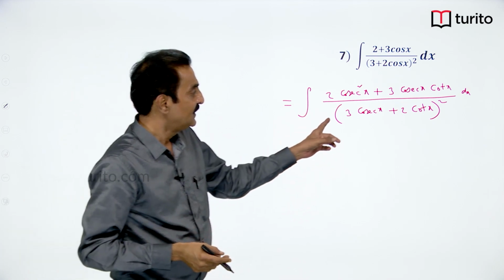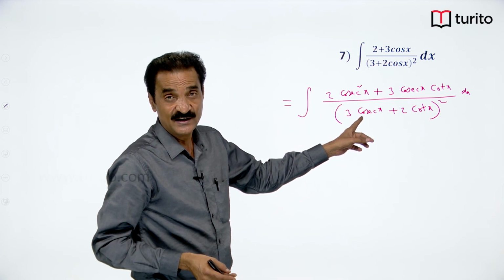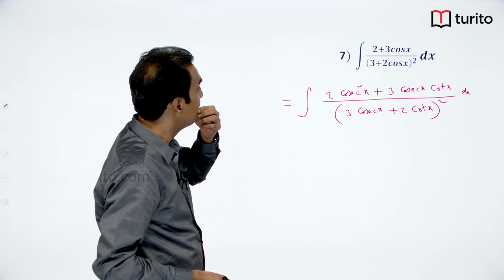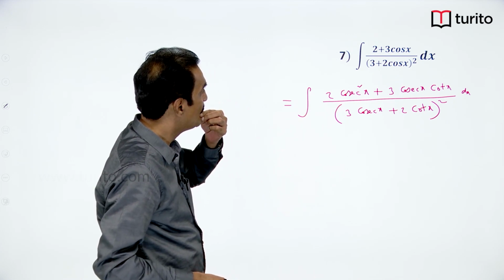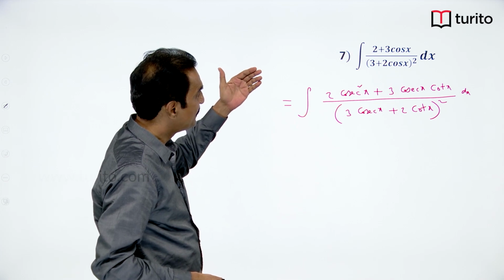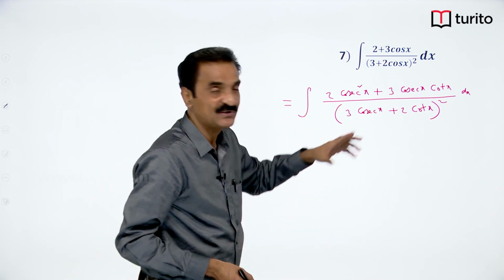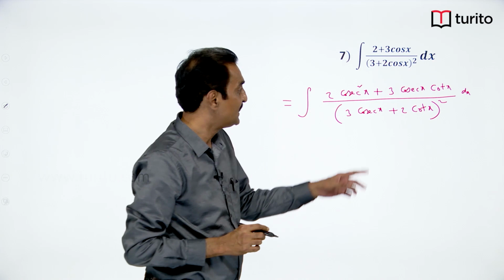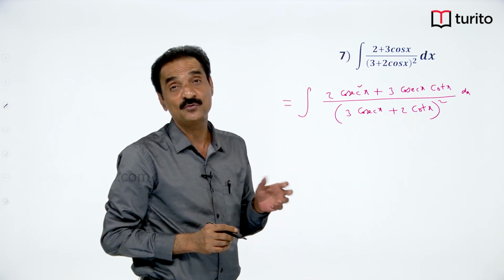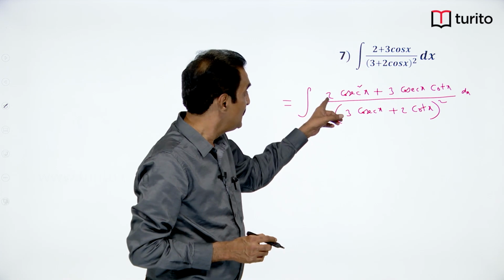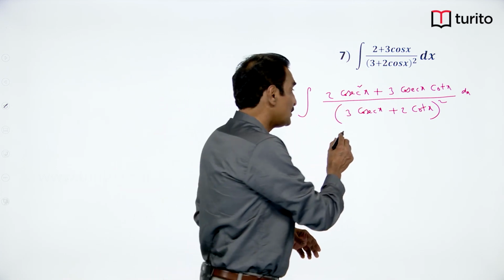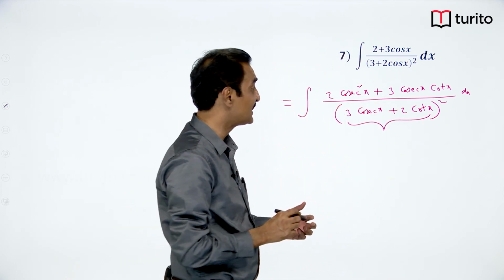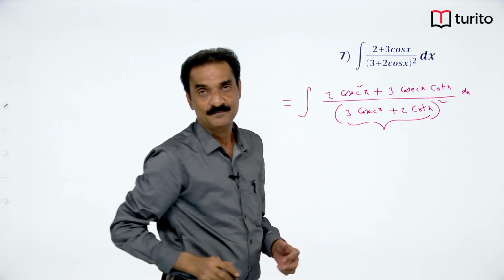Derivative of 3 cosecant x is minus 3 cosecant x cot x. Derivative of 2 cot x is minus 2 cosecant square x. Here 2 cosecant square x and 3 cosecant x cot x are there. So the derivative of 3 cosecant x plus 2 cot x will be minus of the numerator.